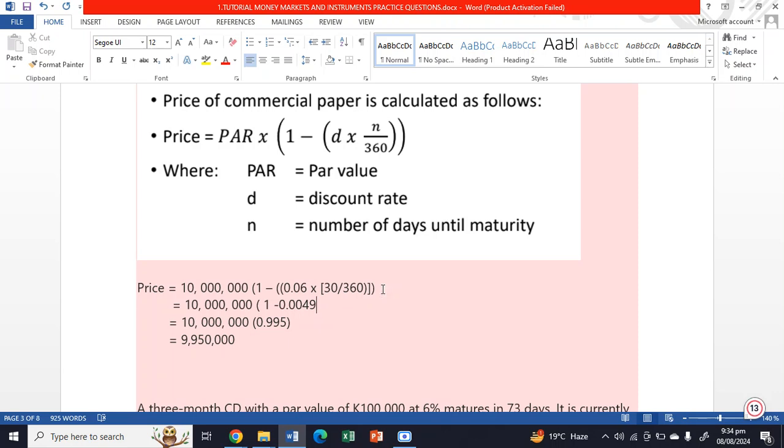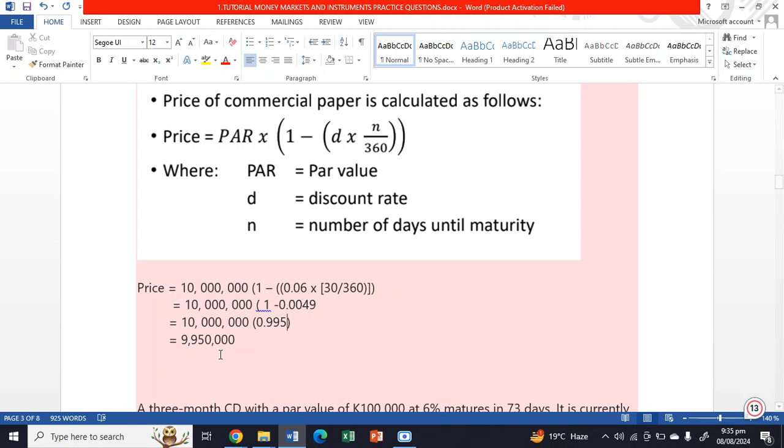So 1 minus 0.0049, we get 0.9951. So we can just leave it like this, 0.995. 0.995 times 10 million is 9,950,000.